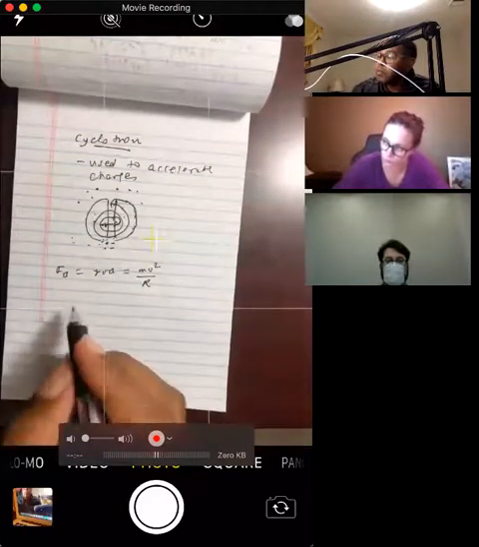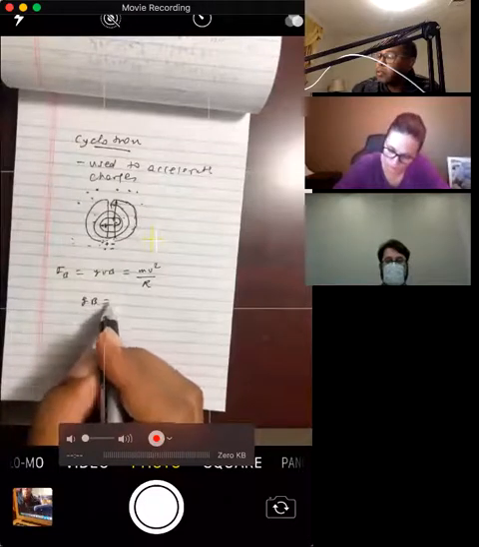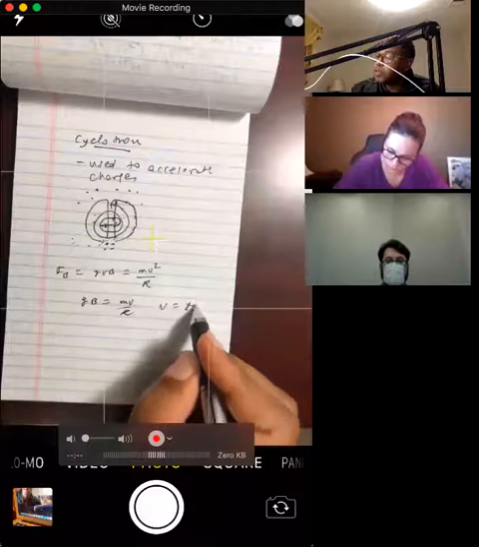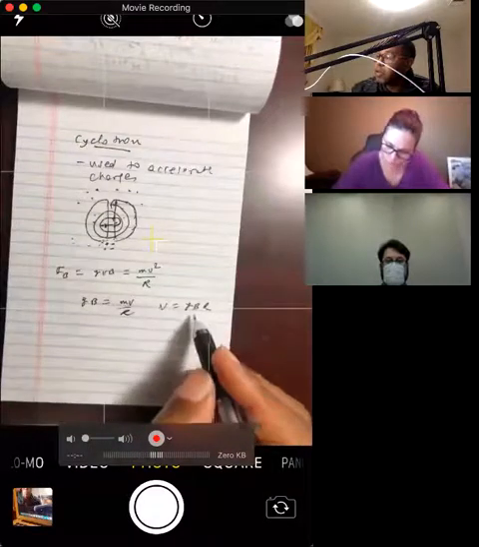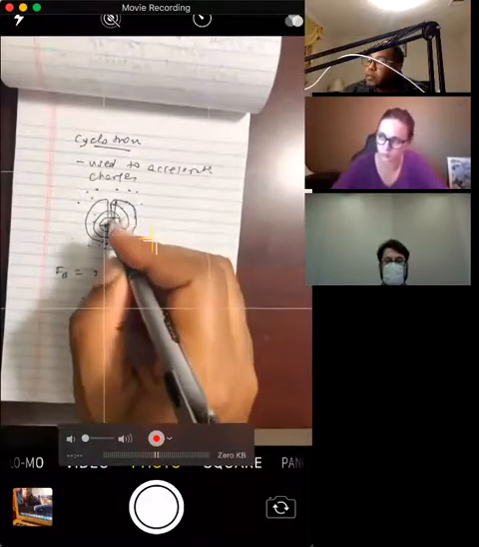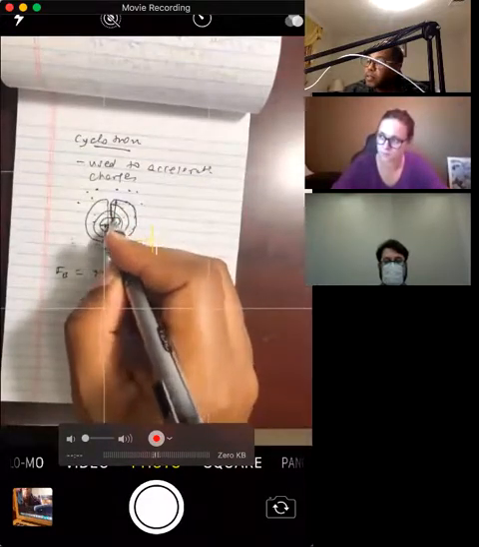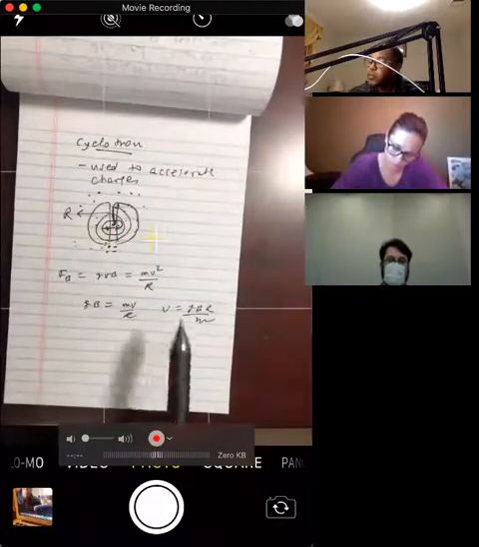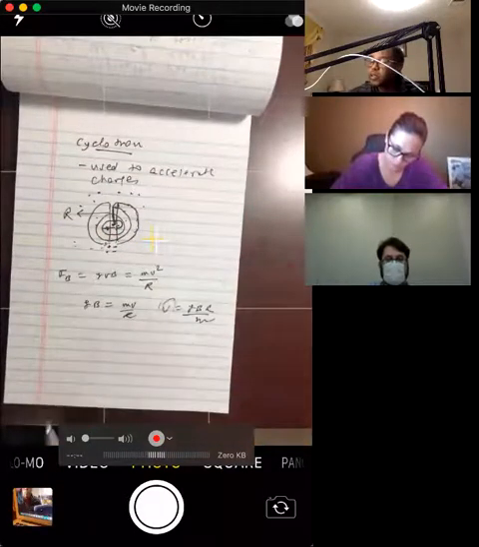So you've got qvB equals mv squared over r, which tells you the speed is qBr divided by m. This is by the time it comes out. This radius over here is the radius by the time it comes out. So this is the speed you get eventually. So what's the kinetic energy?